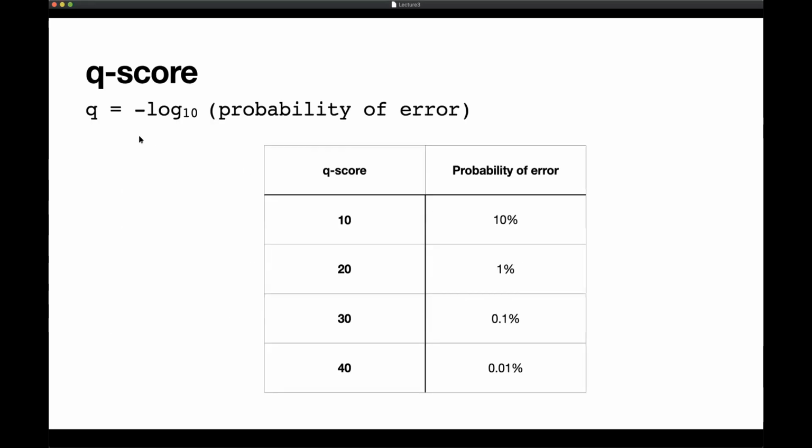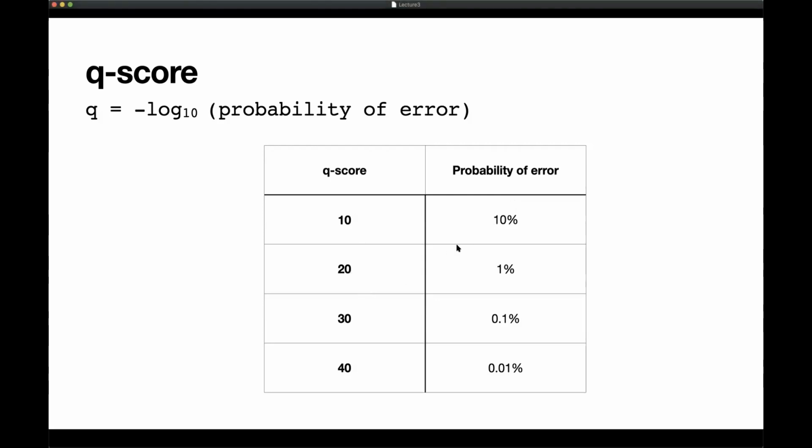So the actual formula for this is that you take the estimated probability of an error, take log base 10 of it, negate it, and get a Q-score. A very simple rule of thumb is that if you increase your Q-score by 10, you decrease the probability of error by a factor of 10. So a Q-score of 10 means the probability that this particular base is incorrect is 10%, so 1 in 10.